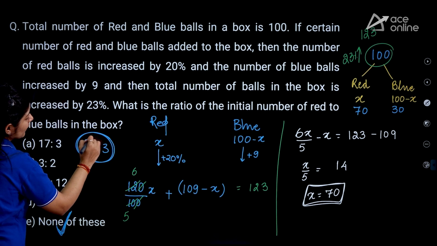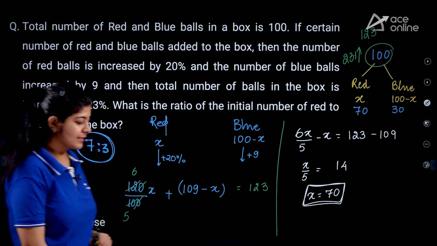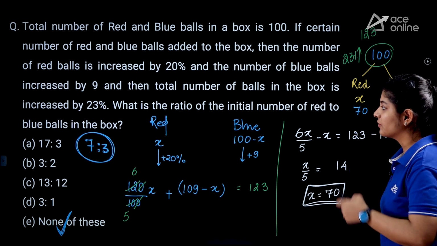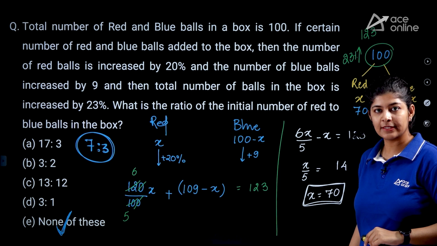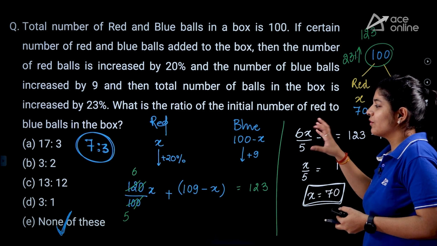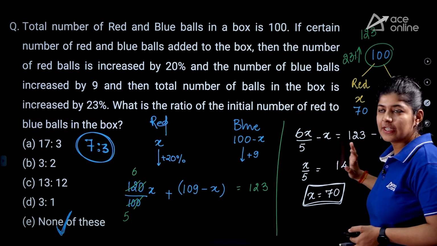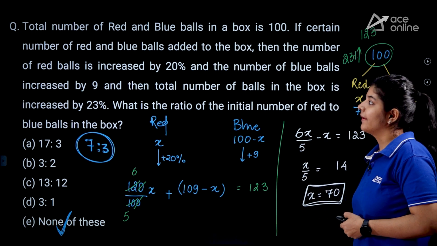Is it clear? So basically we just have to do some basic calculation on the numbers that we are having, and we can easily determine the correct answers.